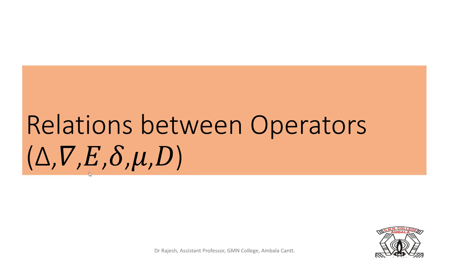E is the shift operator, and this small delta, as distinct from capital delta, stands for the central difference operator, and this mu stands for the average operator. And this is the differential operator. Differential operator simply means d by dx, differentiation with respect to the independent variable.